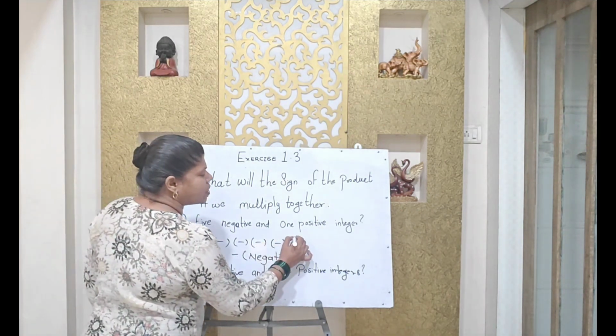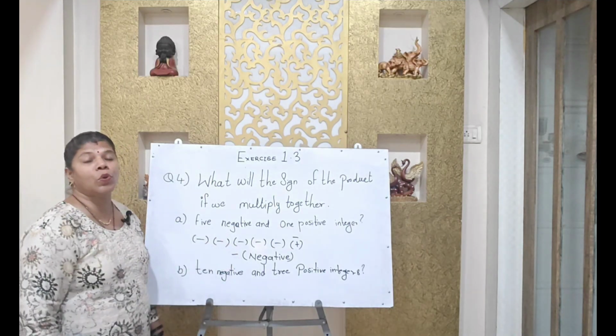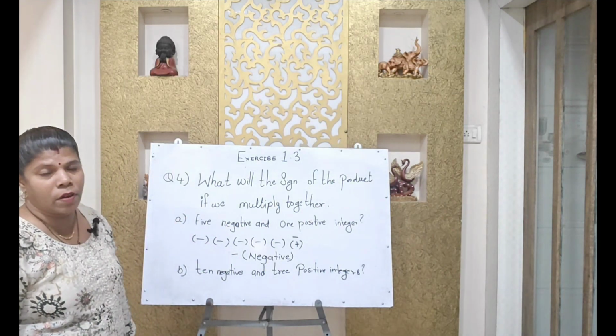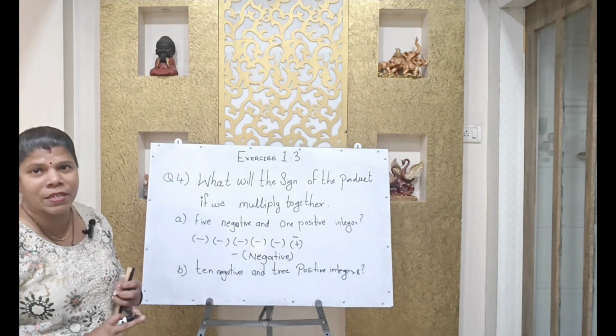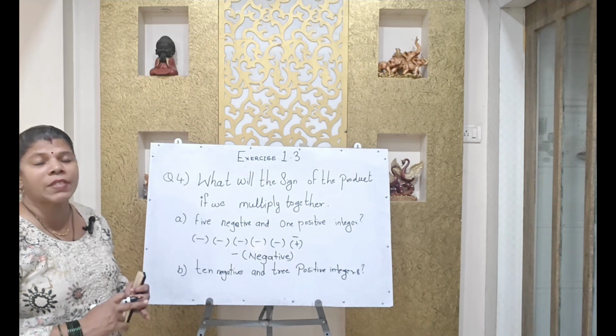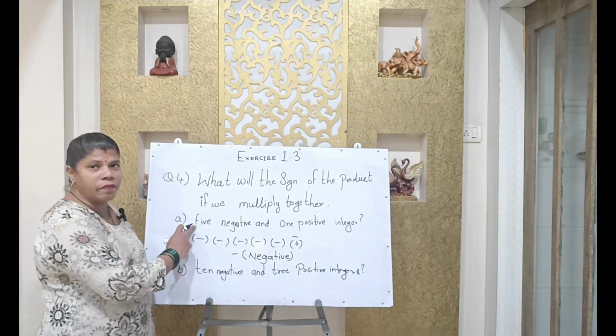Because the positive sign is not going to affect the answer. Only the negative sign is going to affect it. If the negative sign is taken an even number of times, the answer is positive. If the negative sign is taken an odd number of times, then it is negative. So with 5 negative numbers, the answer is negative.